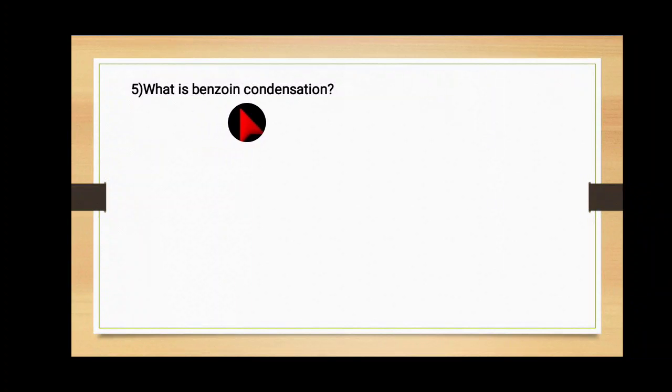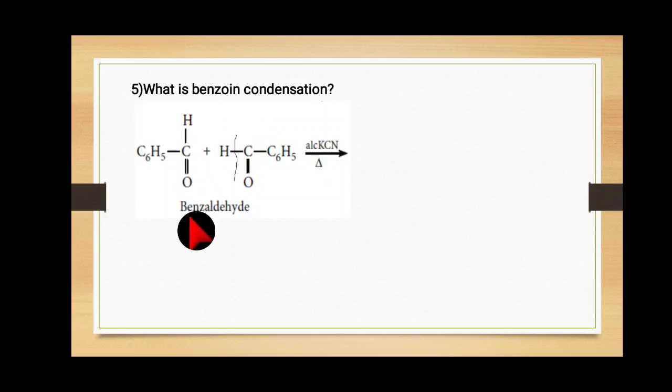I repeat, benzoin condensation involves the treatment of an aromatic aldehyde. What is the aromatic aldehyde? Benzaldehyde, right? With aqueous alcoholic potassium cyanide. We take 2 moles of benzaldehyde.